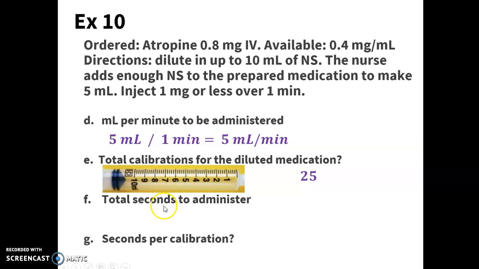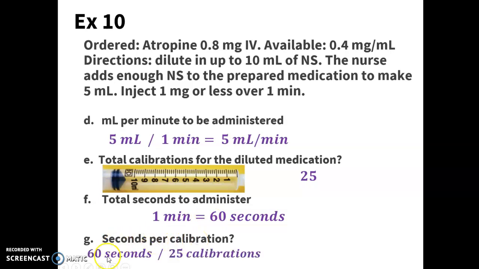How many seconds is it going to take to administer? Well, we said that 1 milligram or less needs to take 1 minute. So we need to convert 1 minute into seconds. That's 60. So seconds per calibration is where we divide our 60 seconds by 25 calibrations.